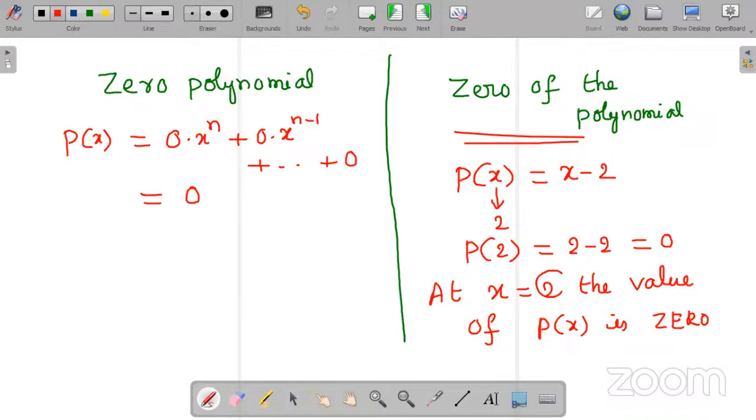So this 2 is called zero of x minus 2. Clear? So this is the difference between zero polynomial and zero of the polynomial.